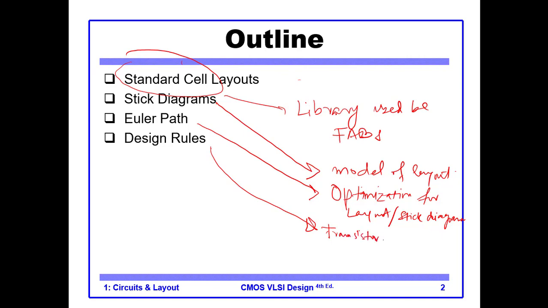You will see that all the rules are related to transistor channel length, which we denote as lambda. Lambda is basically L by 2, where L is the channel length. So it's all the dimensional considerations. We will deal with that in design rules.